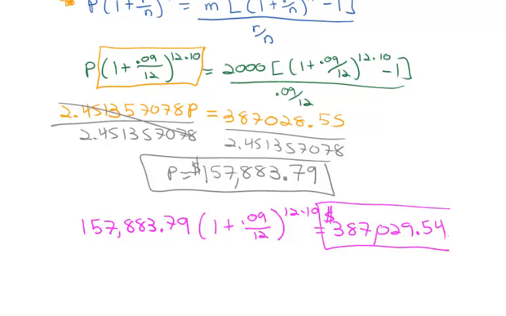So his total winnings is $387,029.54 if he were to invest that lump sum instead of taking it as $2,000 monthly payments.